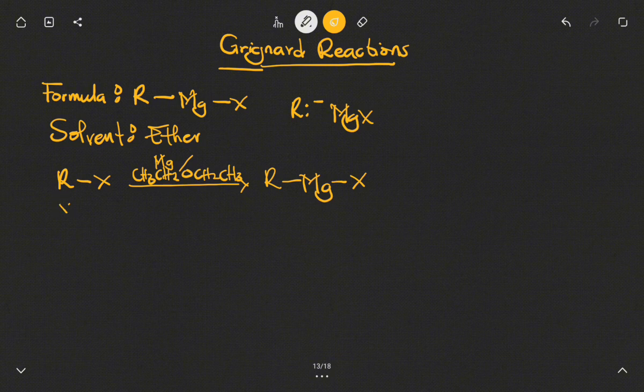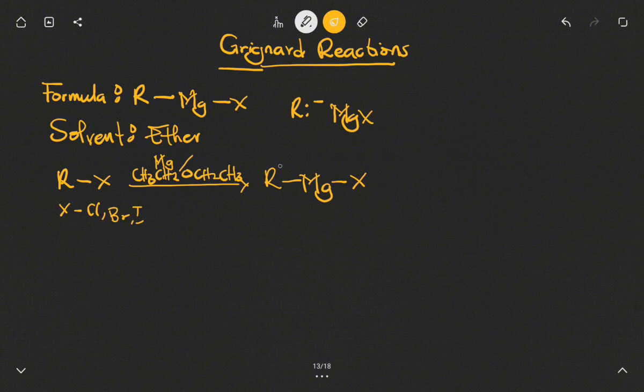Now the X over there could either be a chlorine, a bromine, or iodine. Fluorides don't partake in this reaction. If magnesium is able to insert itself between the alkyl group and the halide, then it induces a polarity where the alkyl group bears a negative charge, specifically the carbon.